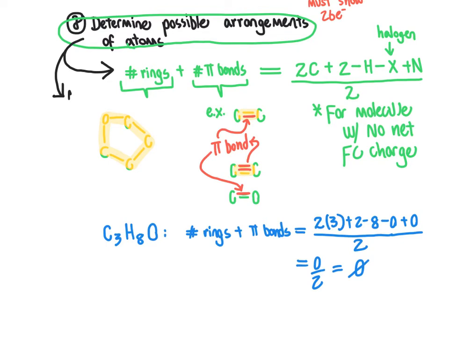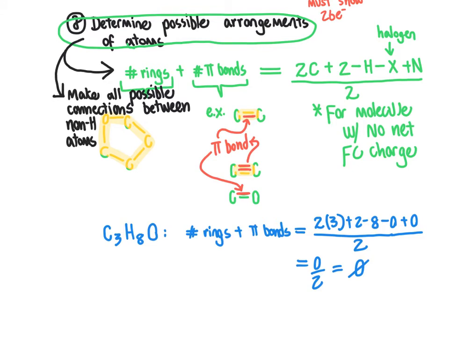So what we're going to do here is try to make all of the possible connections, or all the possible ways to connect between our non-hydrogen atoms that are present in the molecule. So we're going to make all possible connections between the non-hydrogen atoms in this molecule.